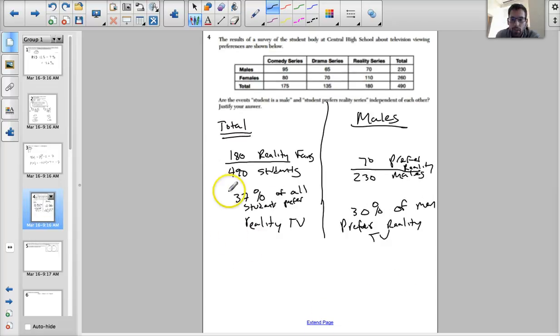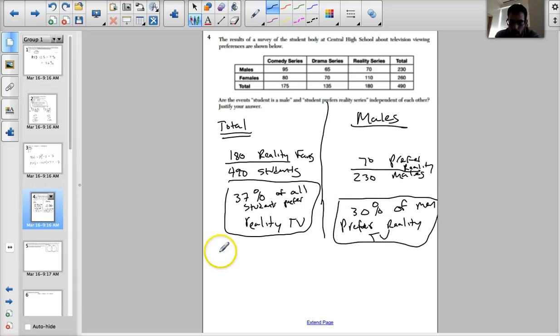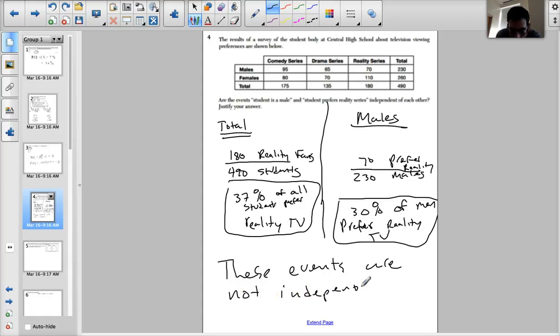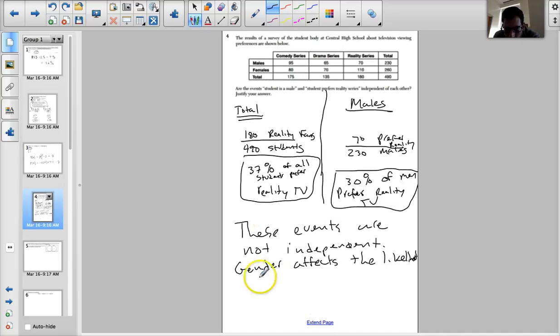So we will say because this probability and this probability are different, we will say these events are not independent. And I'll say that's because gender, or being male, affects the likelihood that a student prefers reality TV.